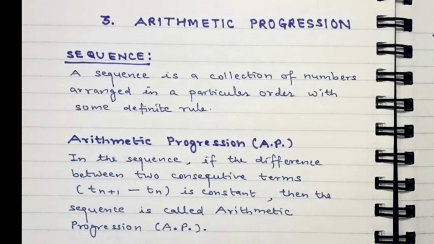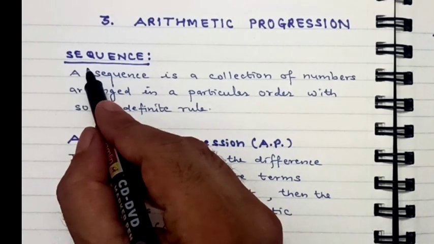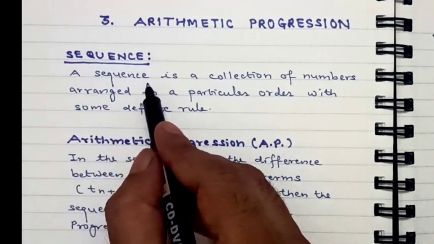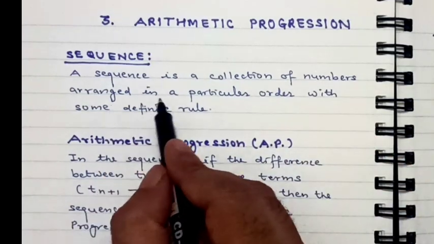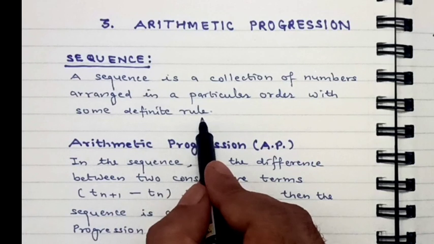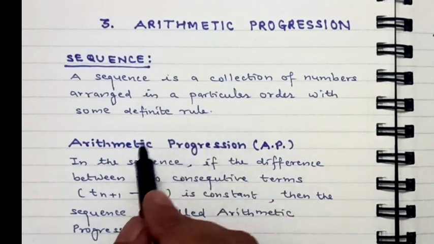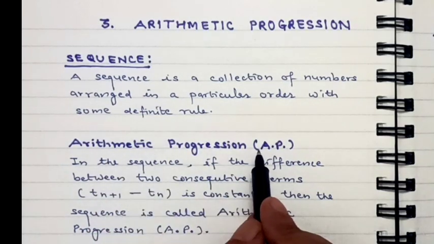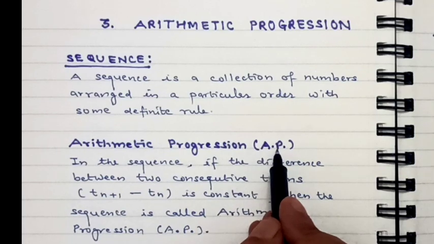Chapter number 3, arithmetic progression. Sequence: a sequence is a collection of numbers arranged in a particular order with some definite rule. Definition of arithmetic progression, that is AP.